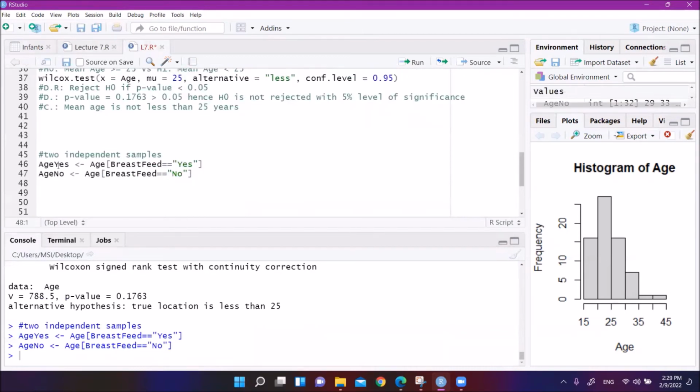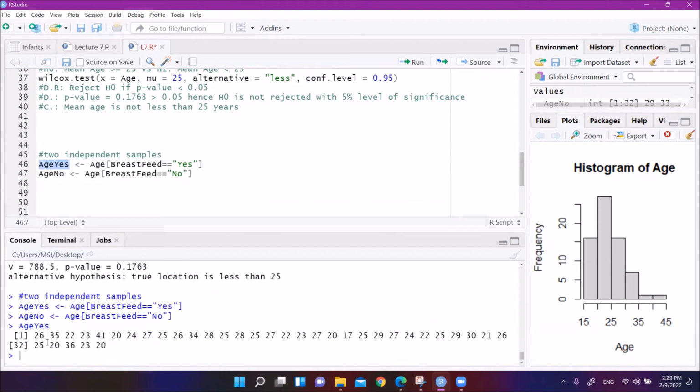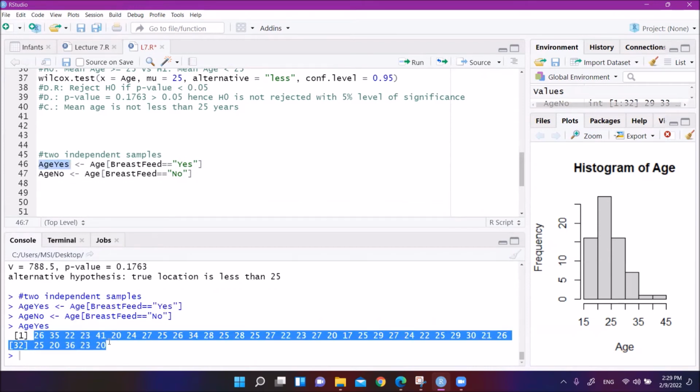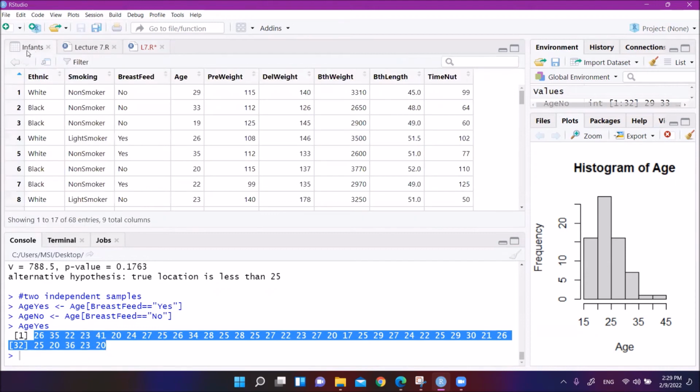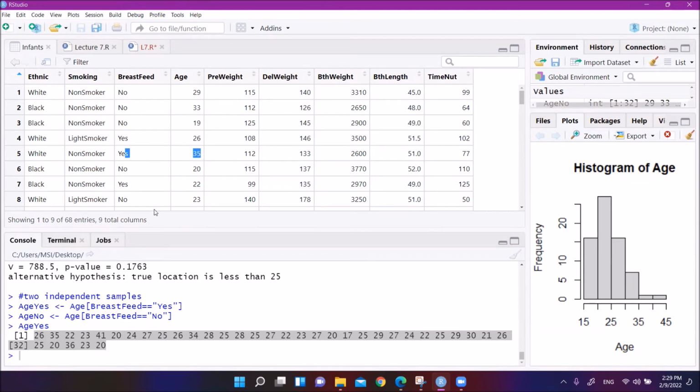So if I run this, I'm getting the ages of all the mothers whose infants are breastfed. 26, 35, 22, 23. So let's go to our data set. 26, 35, then 22, right?